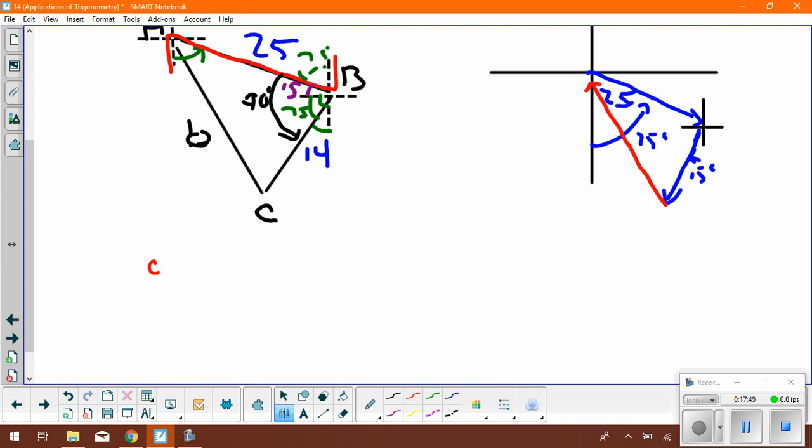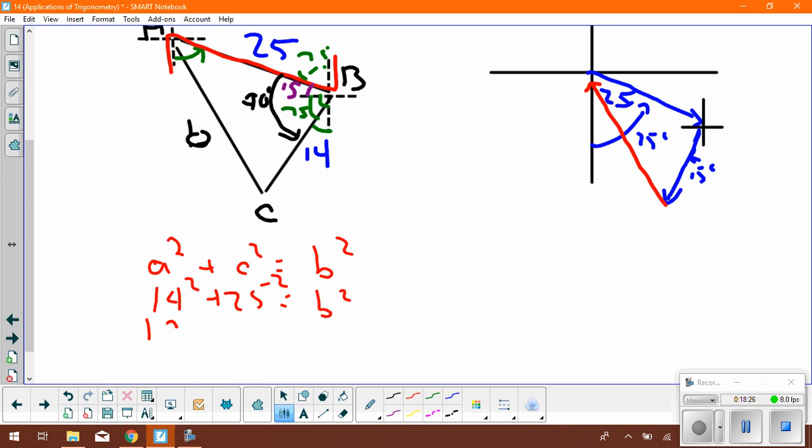Pythagorean theorem is a squared plus b squared equals c squared. However, the way I've labeled my triangle, b is actually the hypotenuse. So let's change that up. So a squared plus c squared equals b squared. We'll start filling it in. Our A was 14, our C is 25, and we're looking for B.